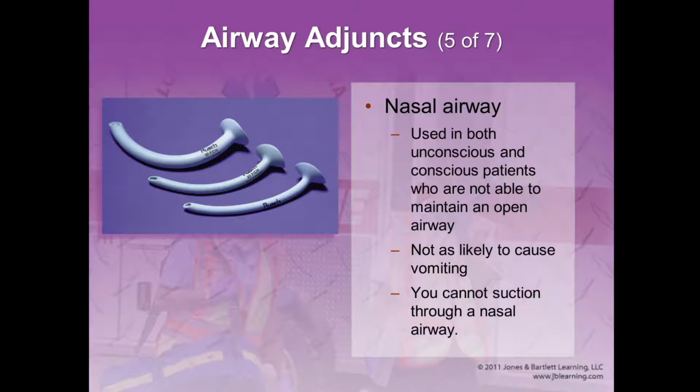In some people with a sensitive gag reflex, you might still stimulate that gag reflex by putting a nasal airway in, but it's far less likely than attempting to put an oral airway into a conscious person.